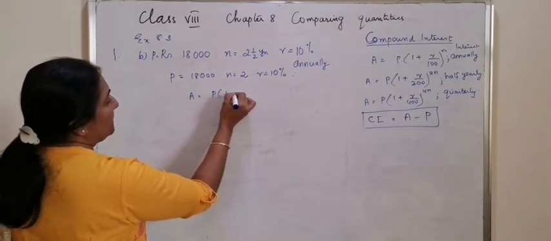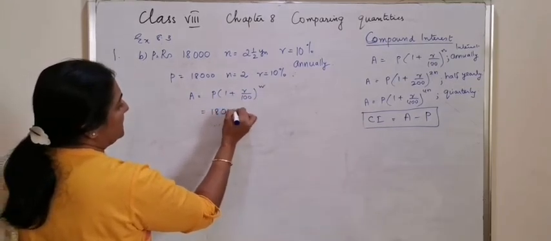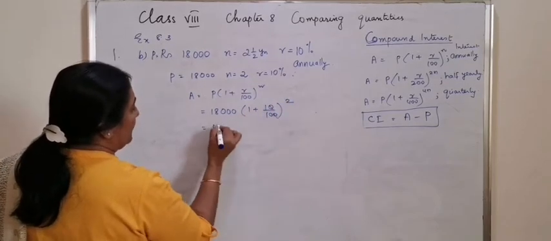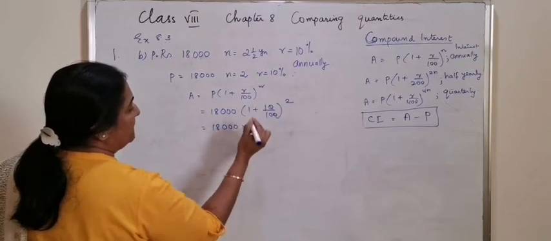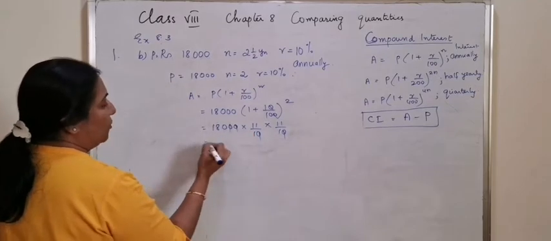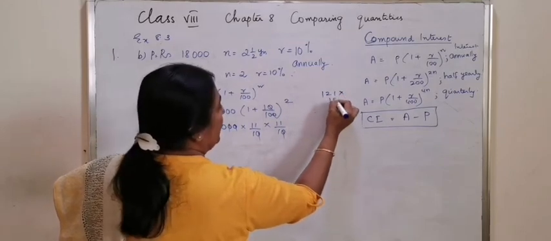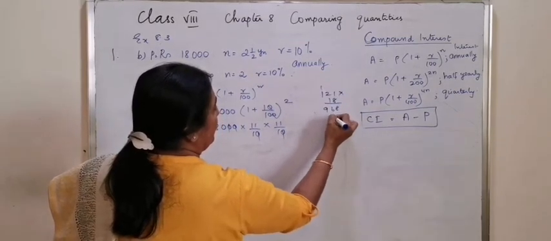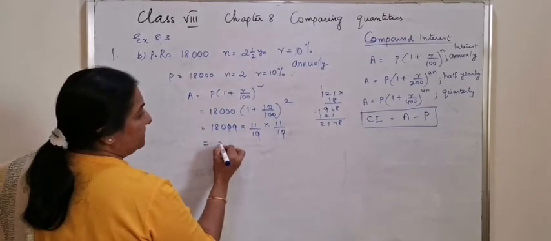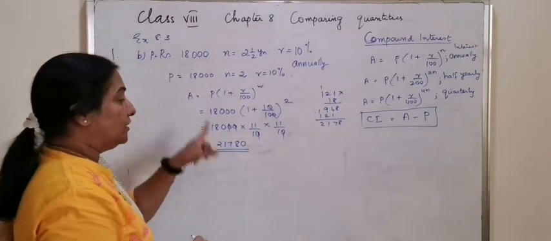Amount is equal to P into (1 plus R by 100) to the power of n, 18,000 into (1 plus 10 by 100) to the power of 2, 18,000 into 11 by 10 into 11 by 10, or you will get the amount as 121 into 18, 21,780 as the amount after 2 years.